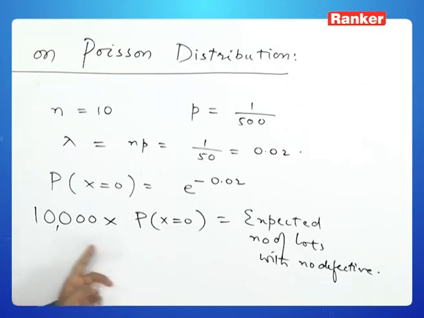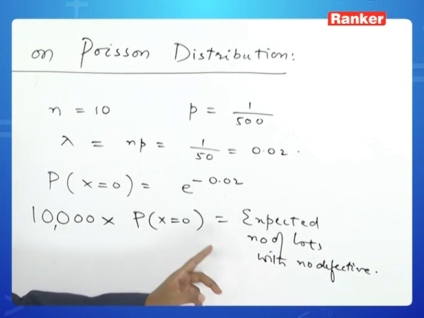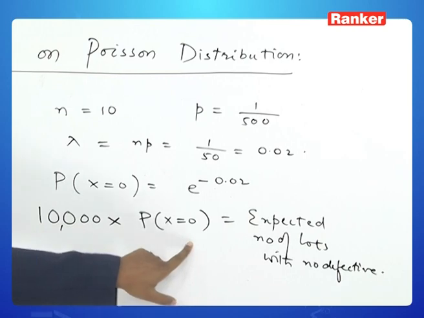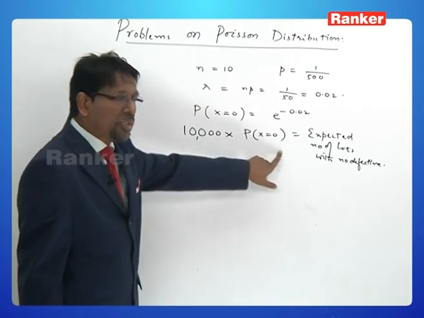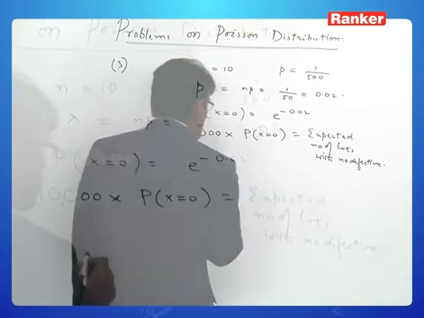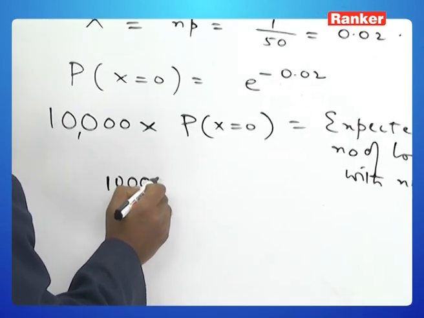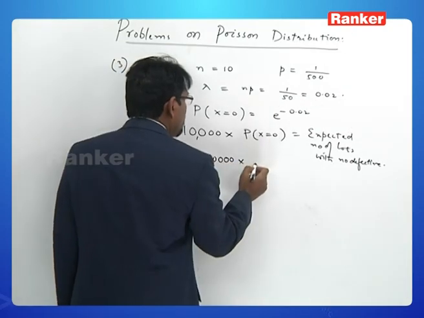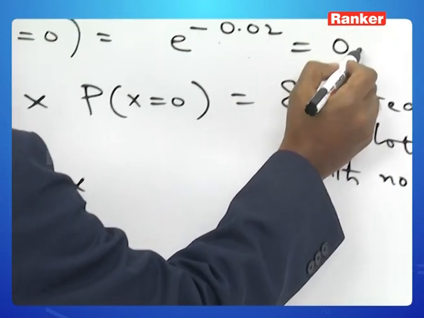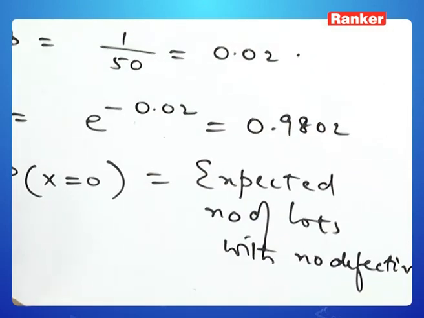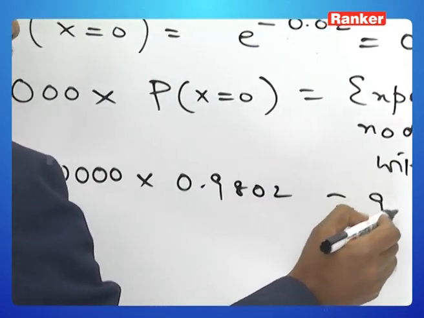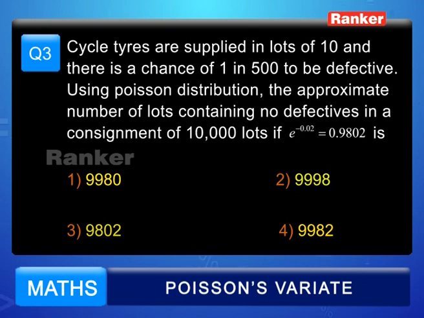So, the number of lots expected to be non-defective will be 10,000 into the probability that the lot is non-defective, that is, 0 defective items in the lot of 10. So, 10,000 into e power minus 0.02, which was given in the tabulated form as 0.9802. I am just copying that 0.9802. So, that comes out to be 9,802. Therefore, the answer is 3.